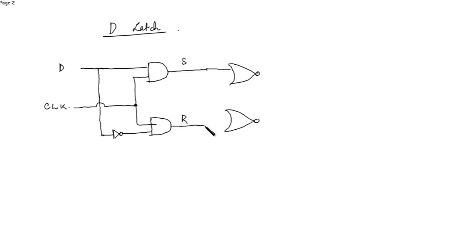This is a NOR gate. So this part is the latch; this is Q, and this is Q bar.